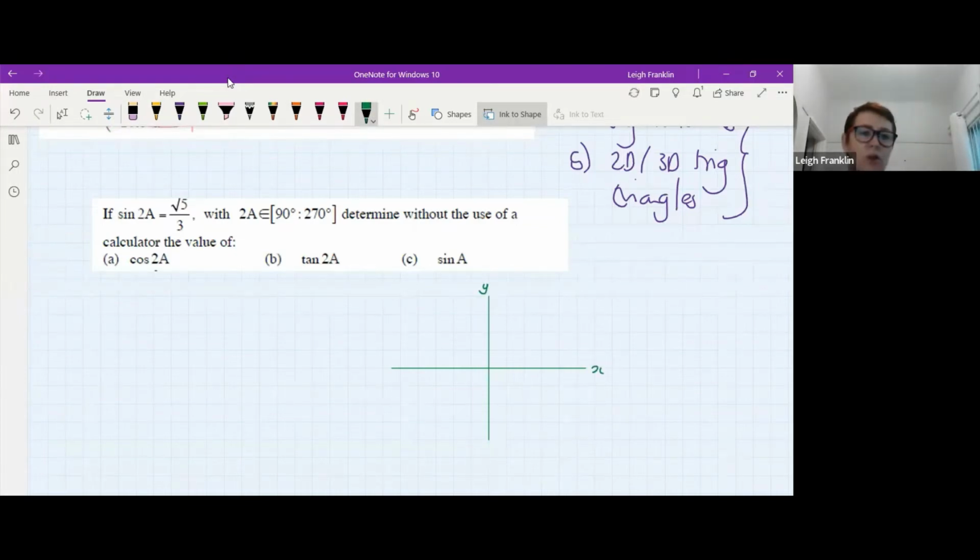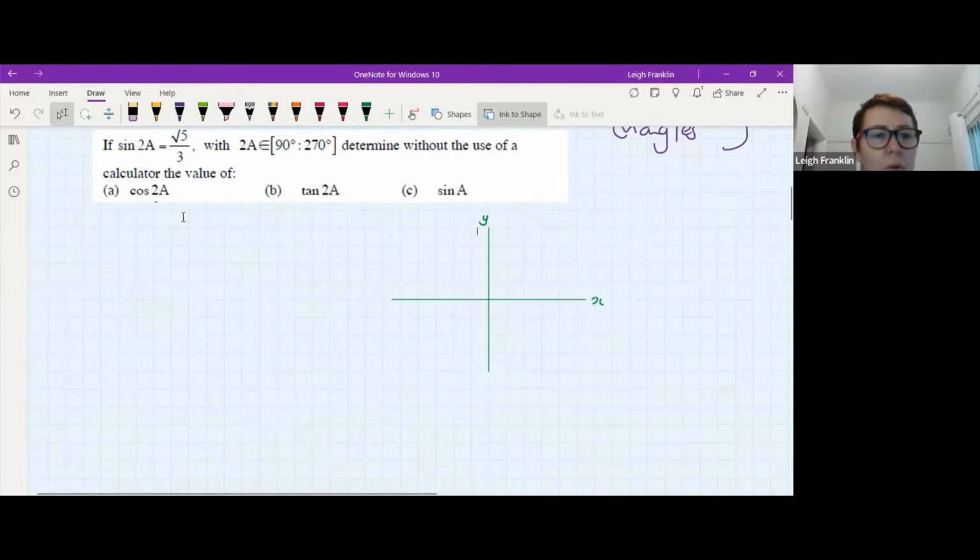What do we notice when we look at sine 2a equals root 5 over 3? We can see that the ratio they've given us is a positive ratio. So now we're using the CAST diagram, and in which 2 quadrants is sine positive? Exactly, quadrant 1 and 2.